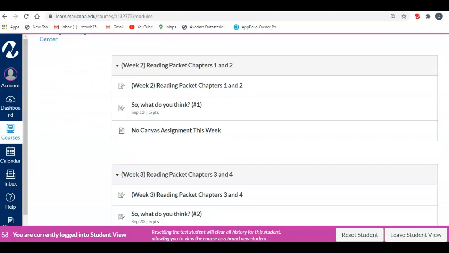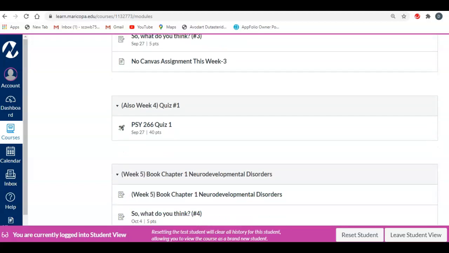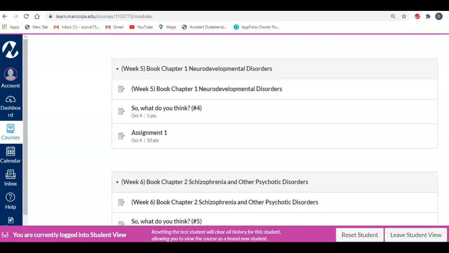And then we start with the reading packet. Very important that you get that from the bookstore as soon as possible, because you're going to need it. That's going to be for 3 consecutive weeks. Then you will have a quiz, 40 points, multiple choice and matching, over the reading packet, and then we start with the book for approximately the next 10 weeks.